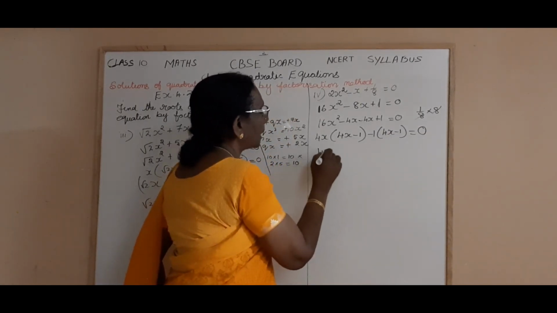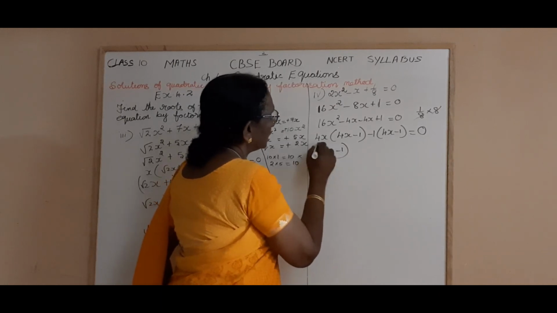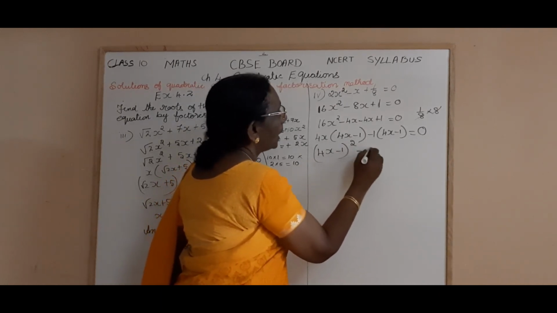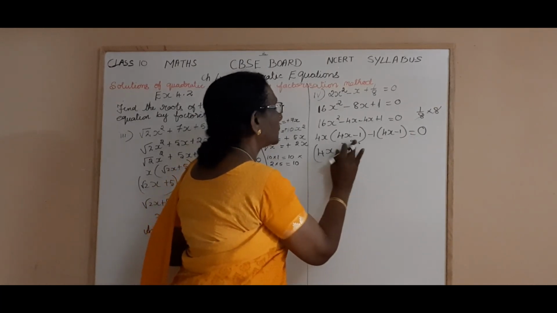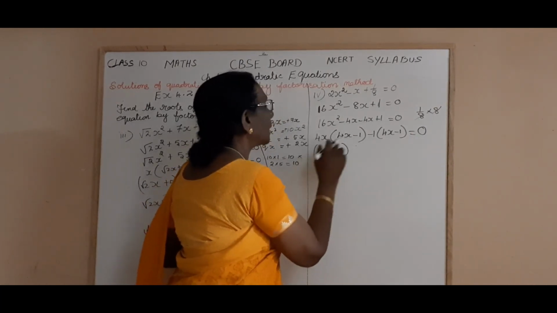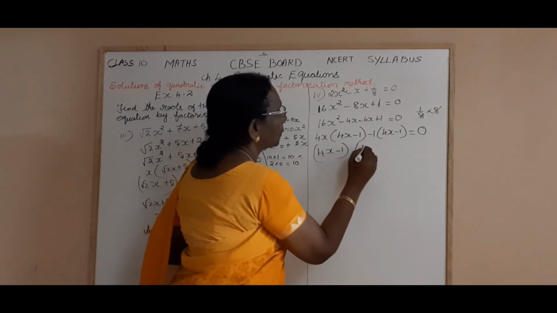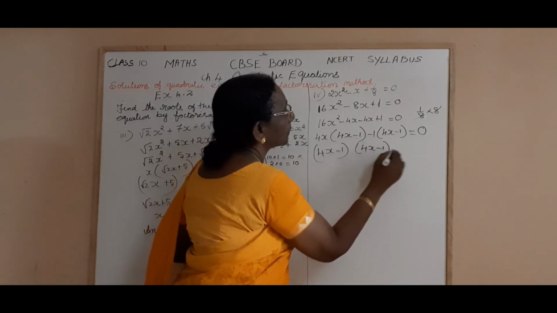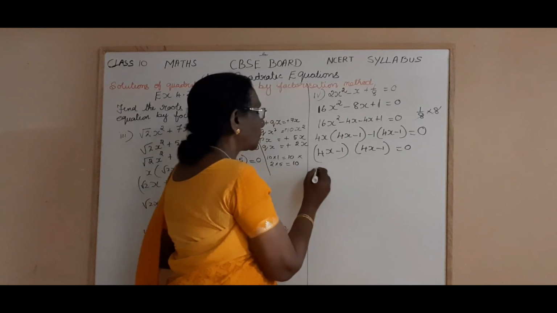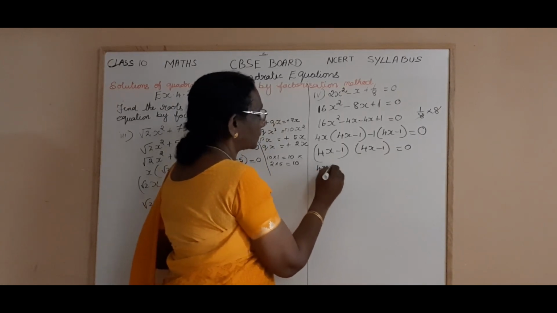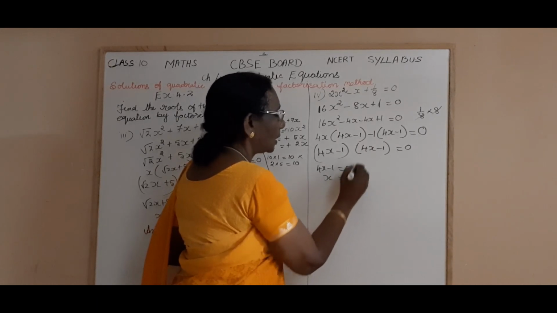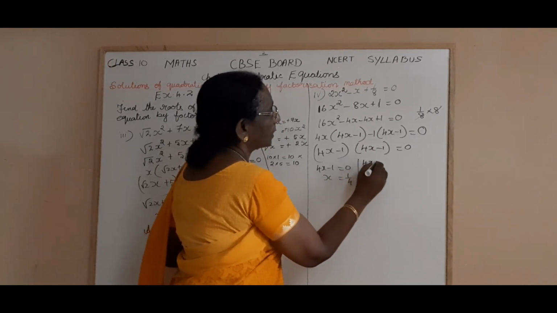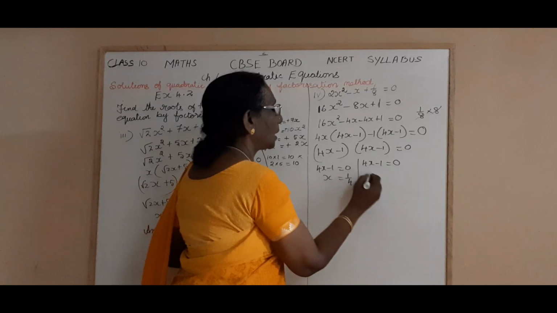So see here again, this equation also has equal roots. 4x minus 1 into 4x minus 1 equal to 0. So 4x minus 1 equal to 0, that means x is equal to 1 by 4. The equation has equal roots.